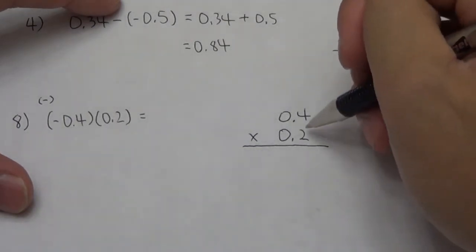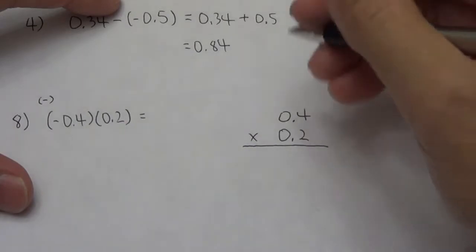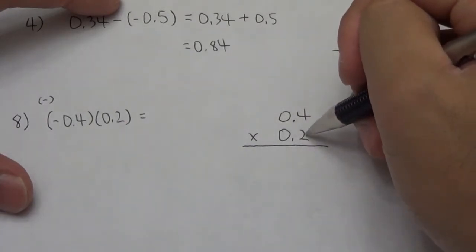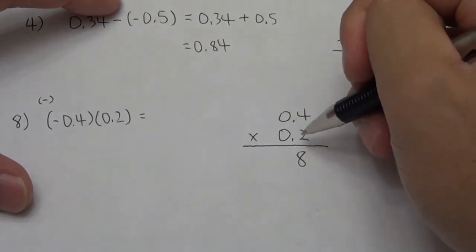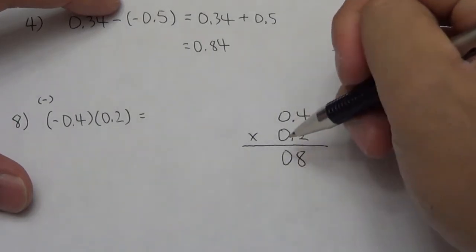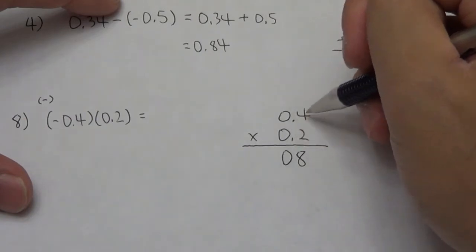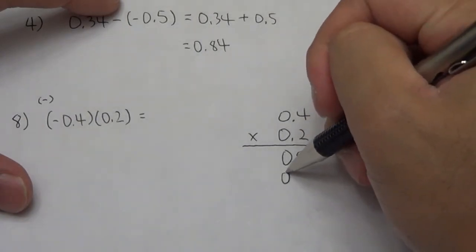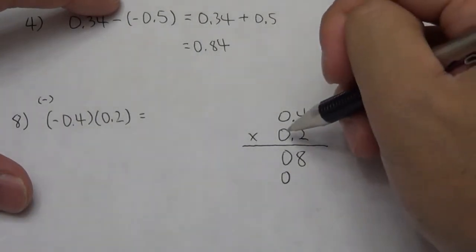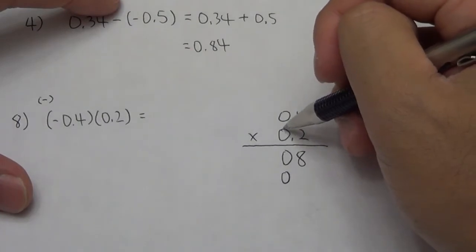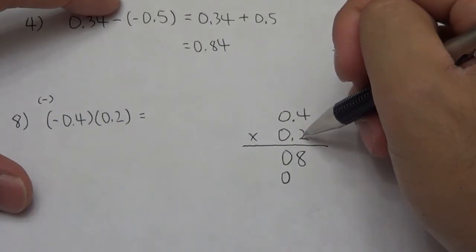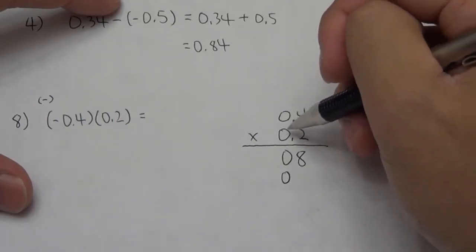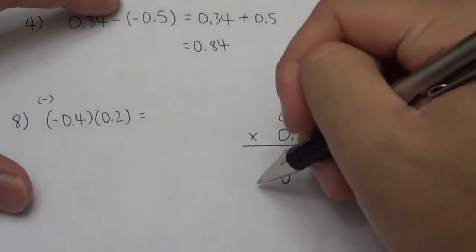All right, so right now I just solve it just like any other multiplication problem. So 2 will multiply by the first number I see, which is 4, so I get 8. All right, 2 times 0 is 0. Next I got 0 times 4, but I would write it over here, because this 0 is in the 1 spot, not in the 10th spot. So 0 times 4, 0 times 0, gives me 0.